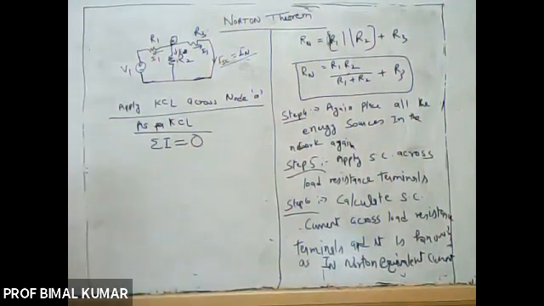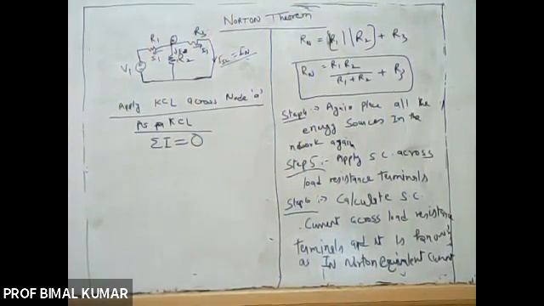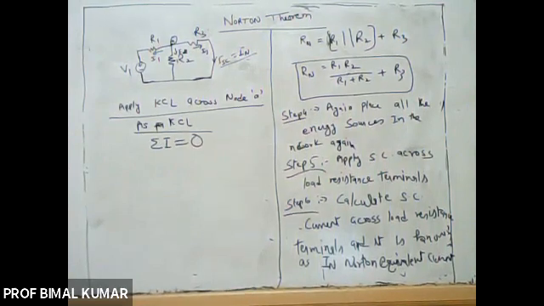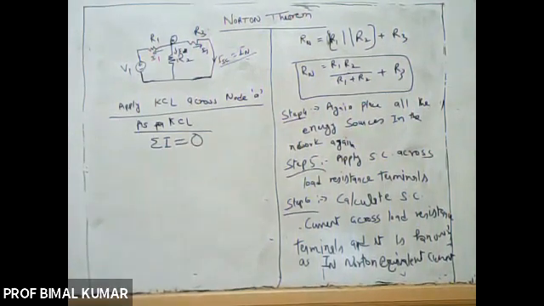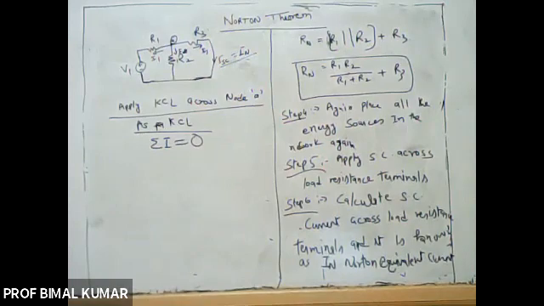The algebraic sum of all the currents meeting at a point is equal to 0. Or in other words, incoming current is taken as positive and outgoing current is taken as negative, right?